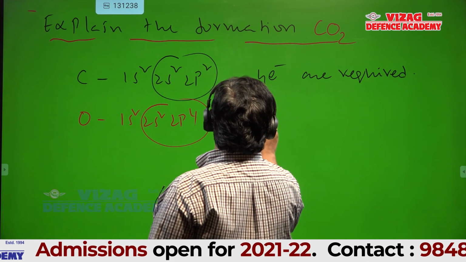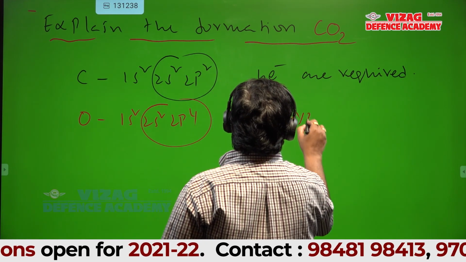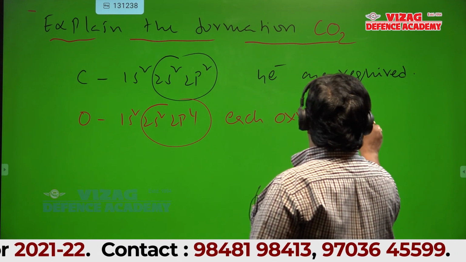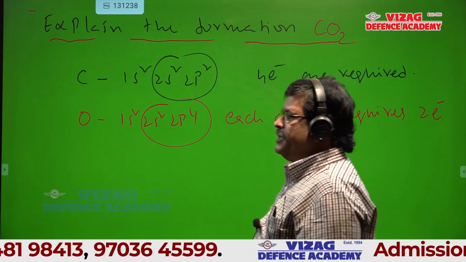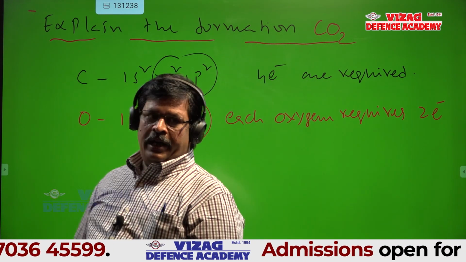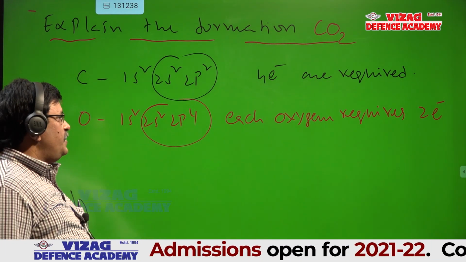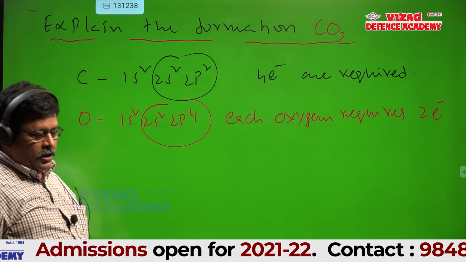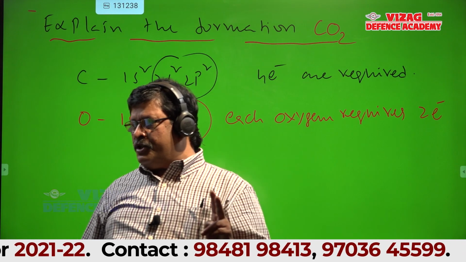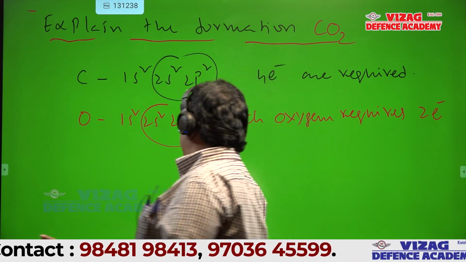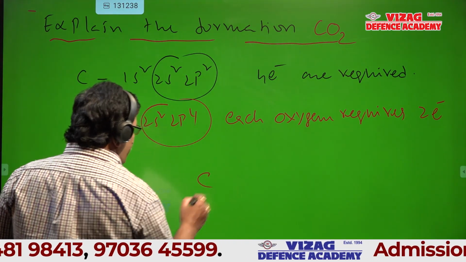Each oxygen requires 2 electrons. That's right, Jaya. So carbon should contribute 4. Each oxygen should contribute 2 electrons. Is it okay? This is carbon.